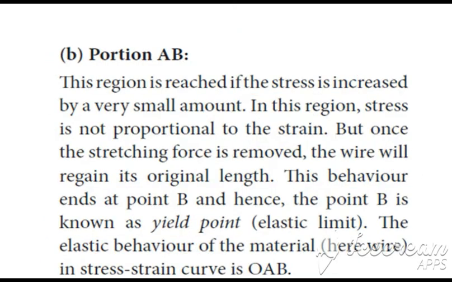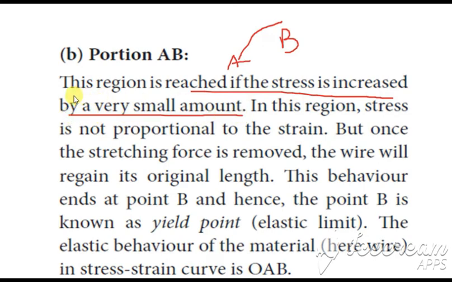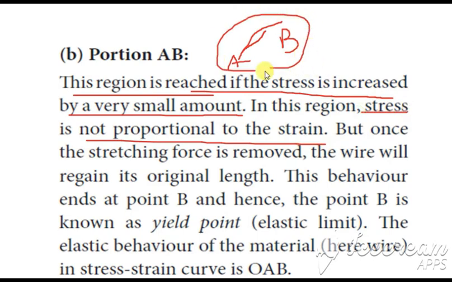Okay, the next region is AB. In the region AB, if the stress is increased by a very small amount, this region is reached. Stress is not proportional to strain in this region, but once the stretching force is removed, it will come back to its original position.